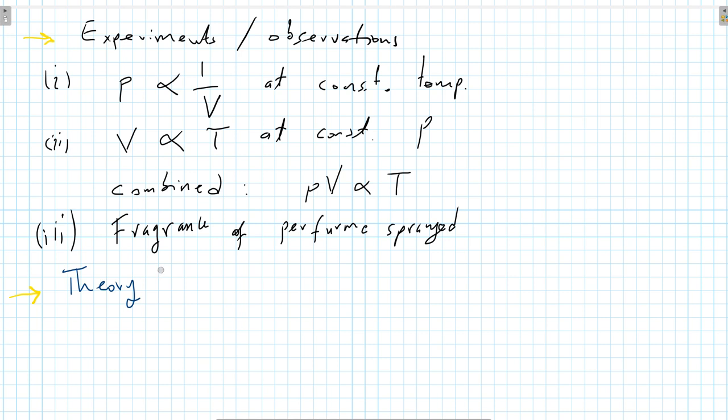The theory here, which we're going to use to try to formulate another theory which we can use to build a model, and hopefully that model should be able to explain these three observations which I've just mentioned. So the base of this theory, I'm going to list here.